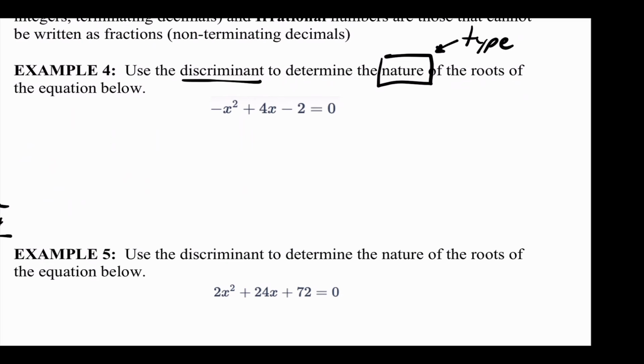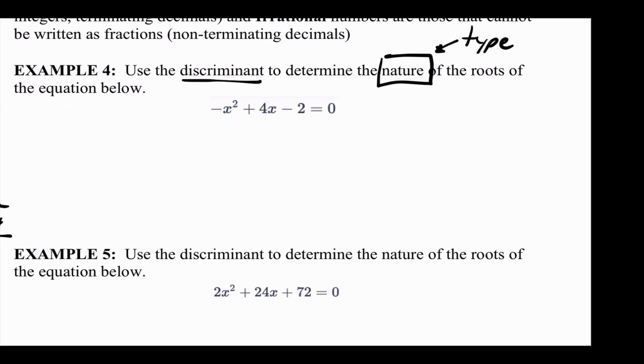Here's the thing. We use the first two steps, though. We still start with the first two. We just stop there. So the first step is set it equal to 0. Needs to be in standard form. Done. Step 2, factor out a GCF. The leading term needs to be positive. The leading term is negative.